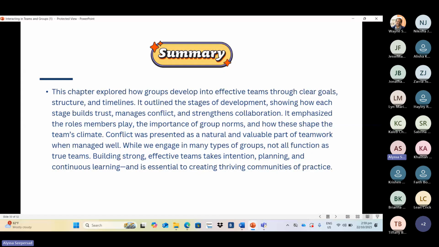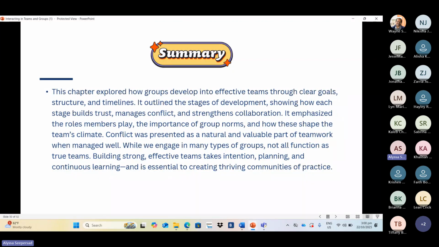It outlined the stages of development, showing how each stage builds trust, manages conflict, and strengthens collaboration. It emphasized the roles members play, the importance of group norms, and how they shape the team's climate. Conflict was presented as a natural and valuable part of teamwork when managed well.